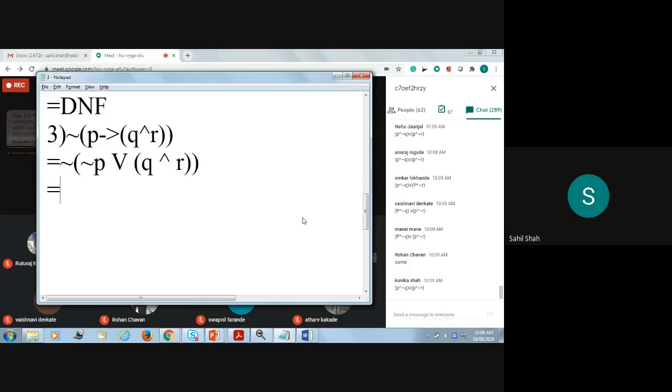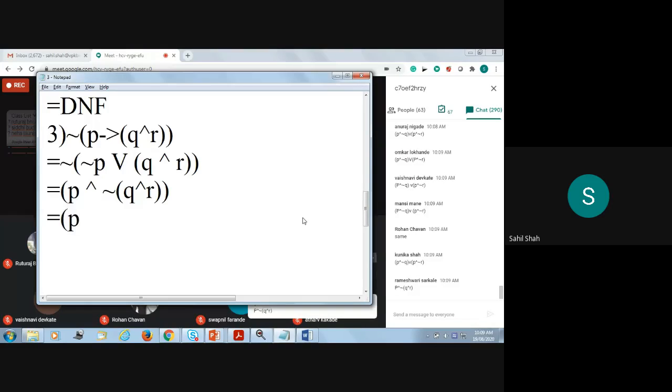Now let us apply this negation inside the bracket. Negation of negation is the original statement P. As I am applying negation inside, I am saying negation of Q and R. Negation applied successfully. This is equal to P conjunction, applying negation inside, negation Q. If you apply this negation to the conjunction, your answer will be or negation of R. Now let us check whether this is in DNF.